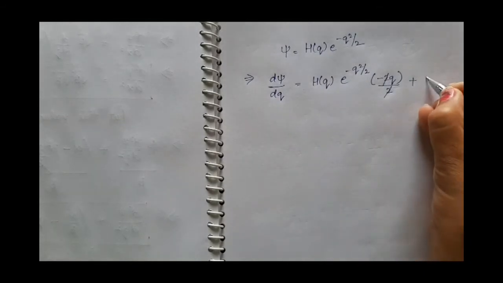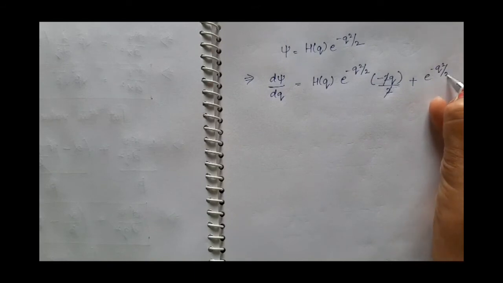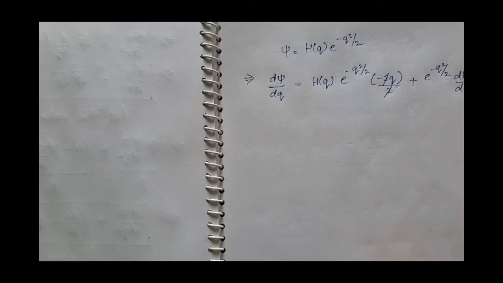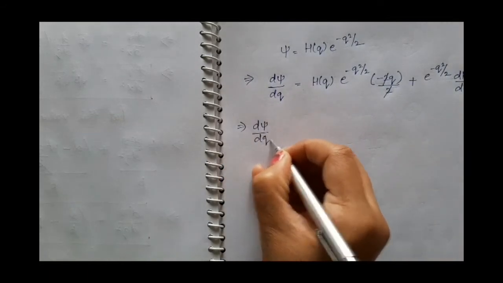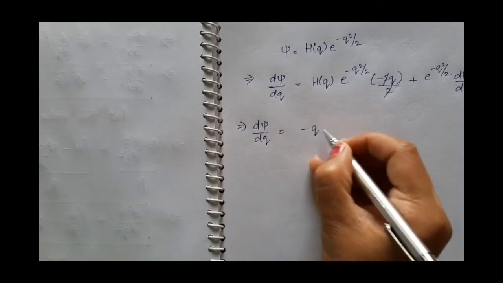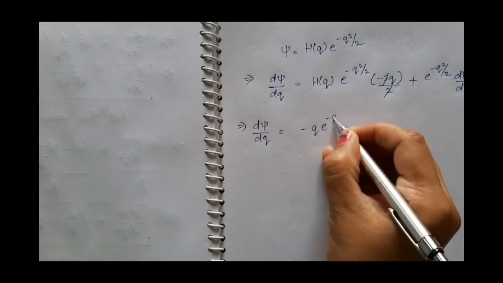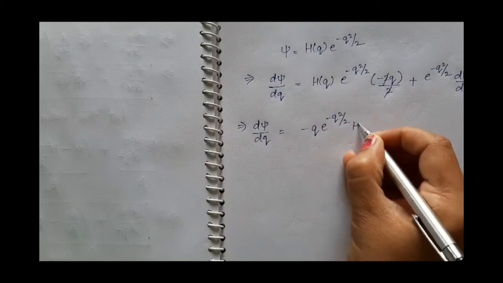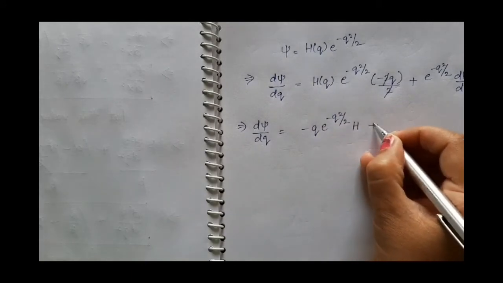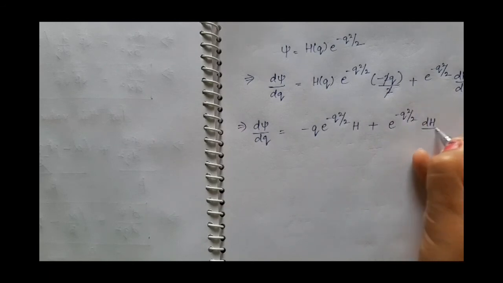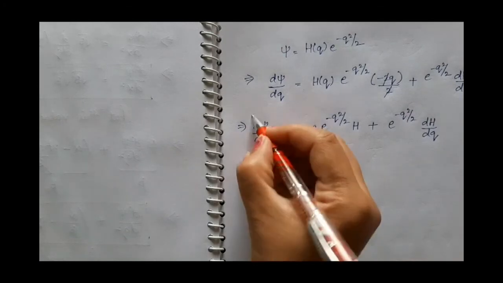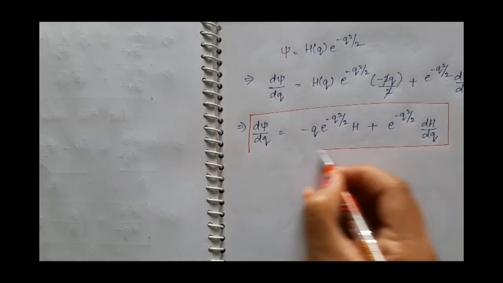Next we will have plus e raised to power minus q square by 2 as constant, and at that time we have dh by dq. So d psi by dq will be minus q e raised to power minus q square by 2 h plus e raised to power minus q square by 2 dh by dq. So this is the value of d psi by dq in terms of dh by dq.